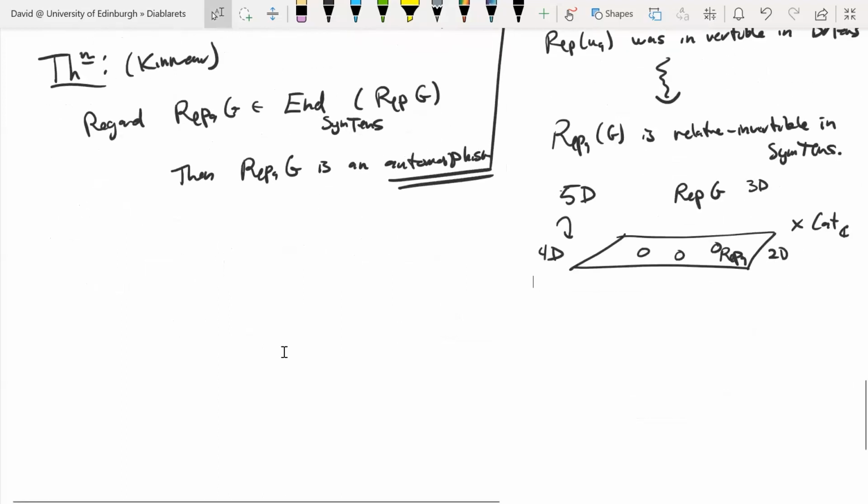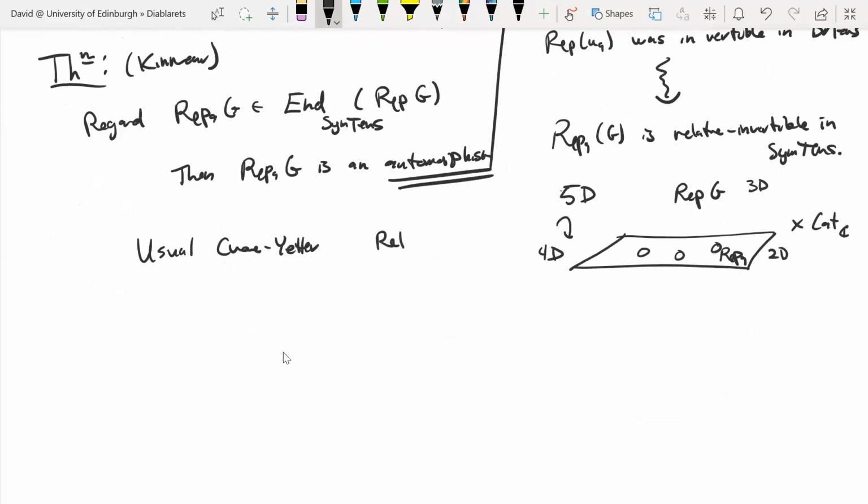And so let me just, in the last few minutes, say the kinds of things that you get. So we need to return to Crane-Yetter. In usual Crane-Yetter, Z of a 3-manifold would be a vector space.